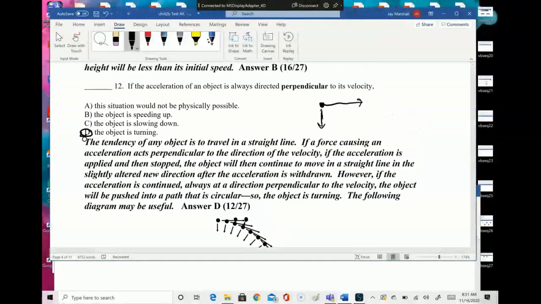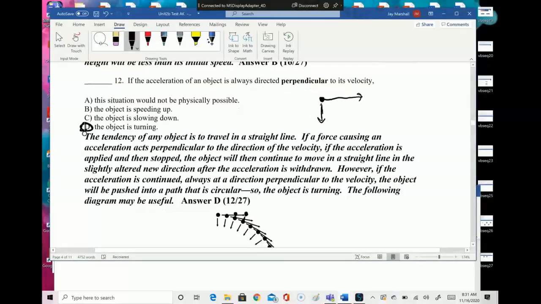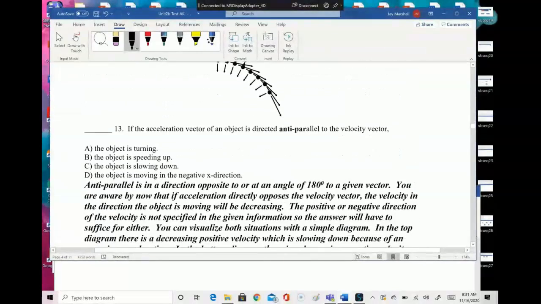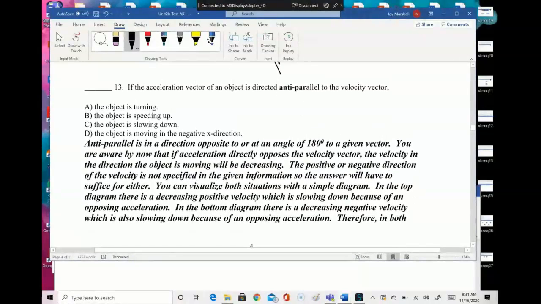So the object is turning, okay? And we'll learn about circular motion in probably about a month and a half.